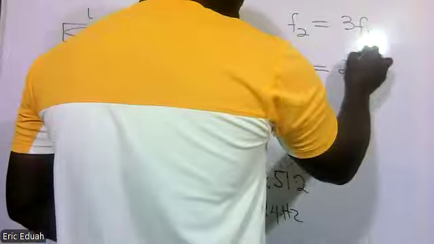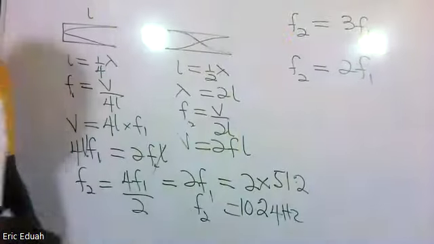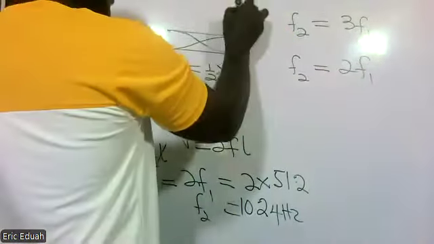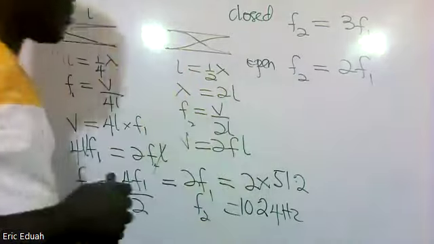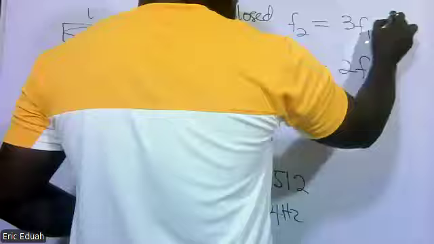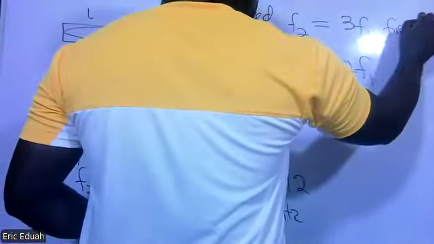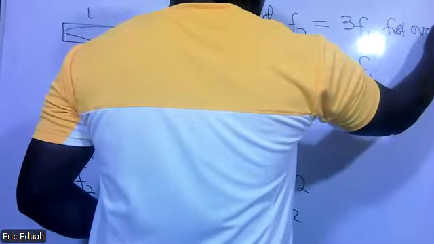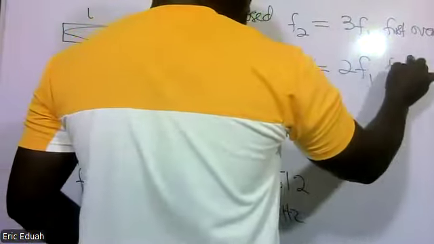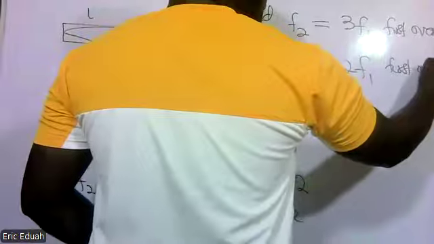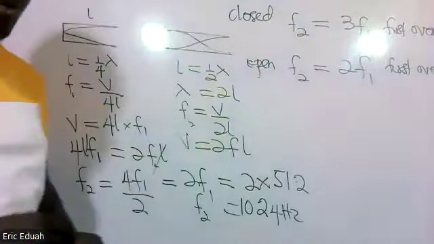So this is 2F1 for open, and 3F1 for closed. Second harmonic, this is also the first overtone, and they don't have anything in common.